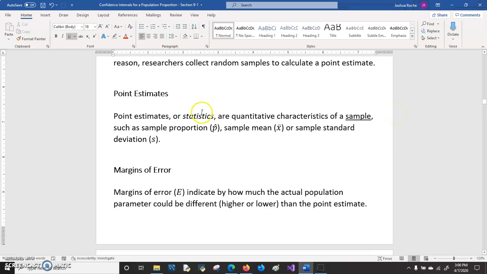Point estimates, also called statistics, are quantitative characteristics of a sample. The most common ones are the sample proportion, p hat, the sample mean, x bar, or the sample standard deviation, s.